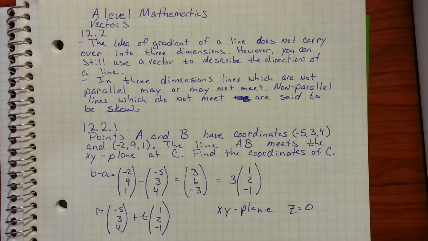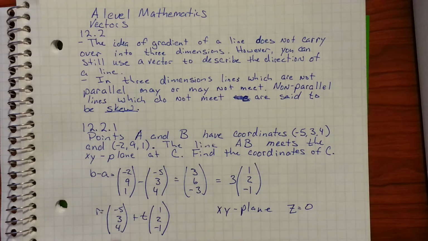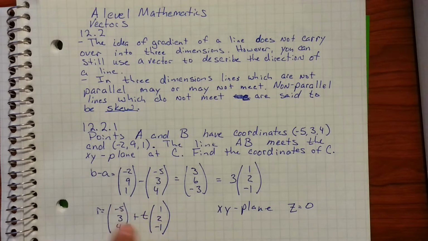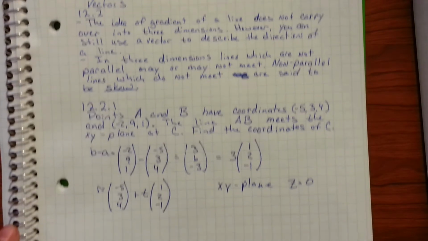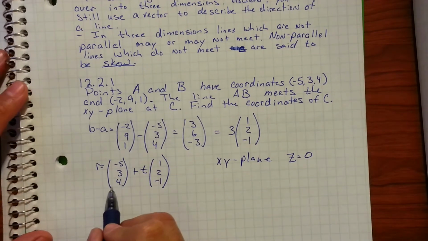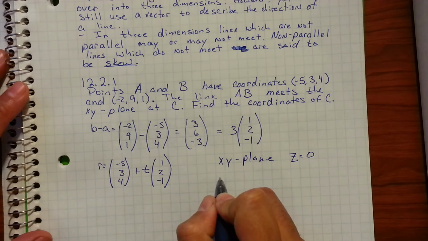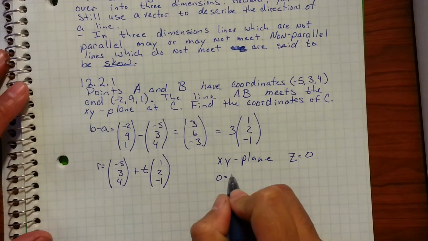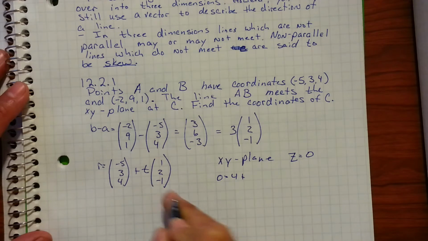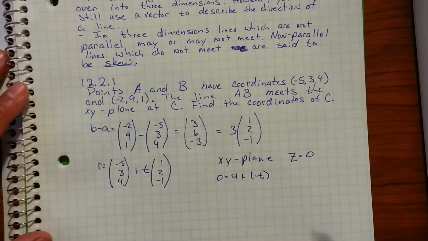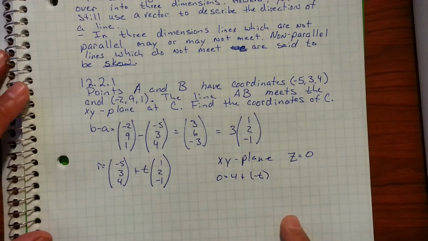So now let's take a look at my equation right here. If this is my X, my Y, and my Z, I have to set Z equal to 0. So when Z is equal to 0, we have to find my t. This is all my Z, so it's going to be 0 equals 4 plus -t, because it's t times -1, it's going to give me -t there.